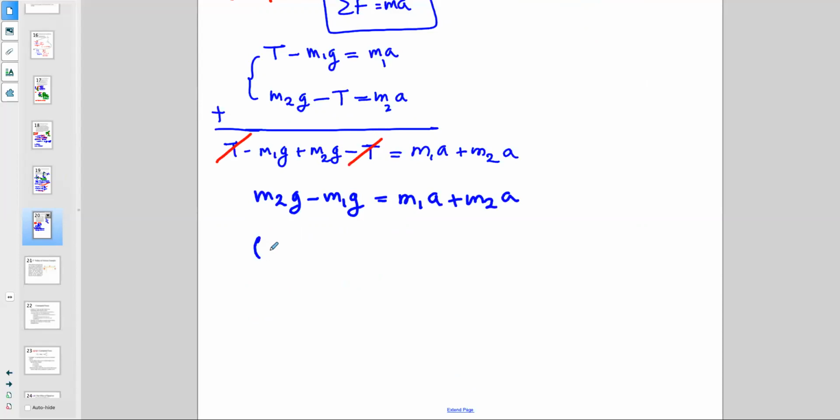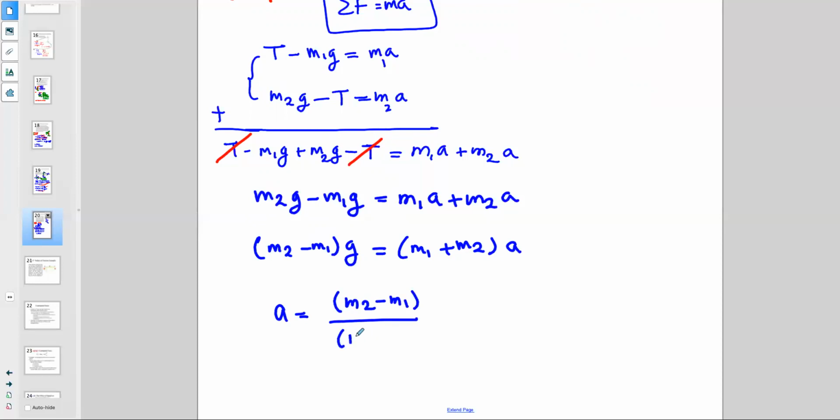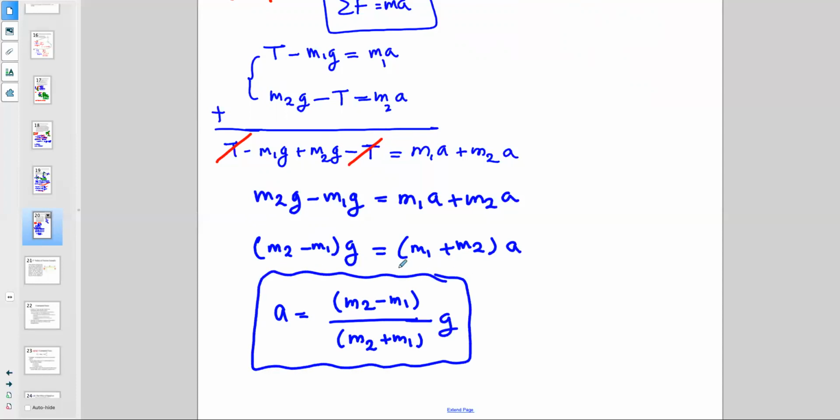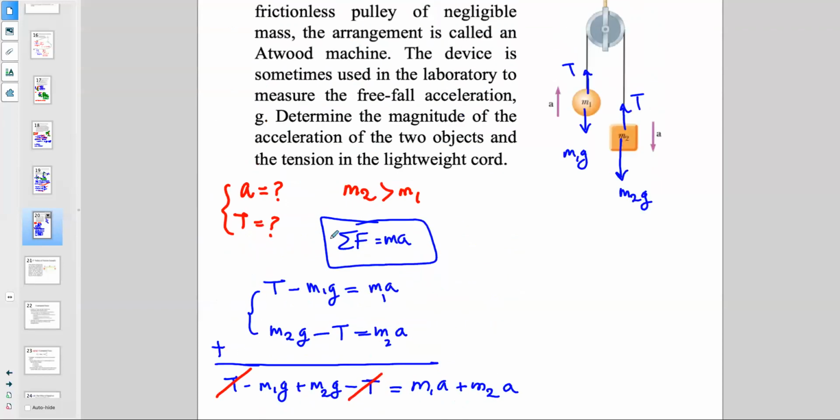So you have (M2 minus M1) times G, and then factor out A. You have (M1 plus M2) times A. So you can easily find A, the acceleration, which is (M2 minus M1) over (M2 plus M1) times G. That's what it is. So this is the acceleration. So the first task is done.